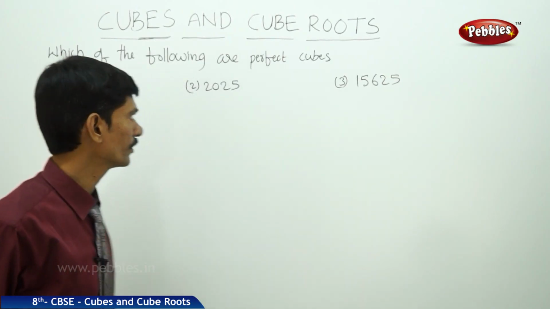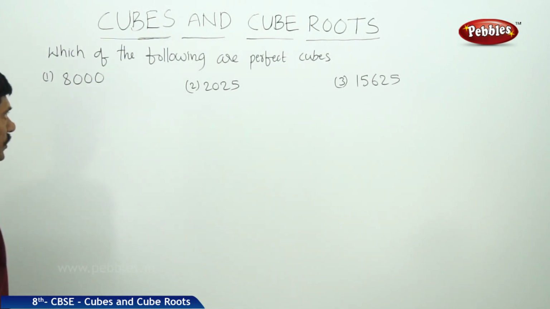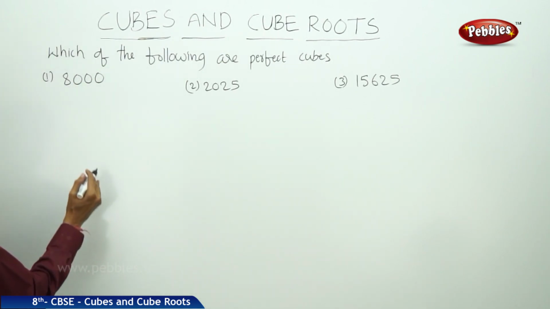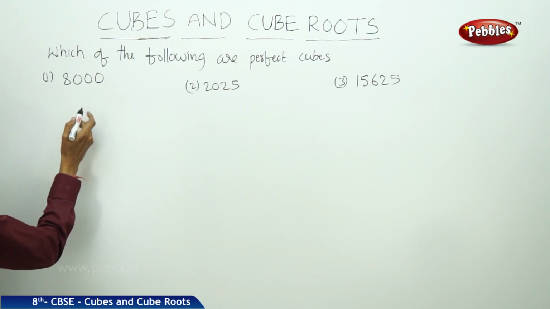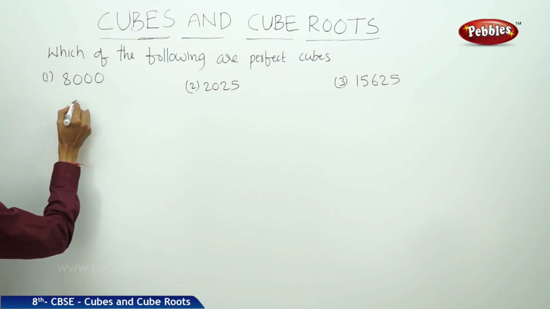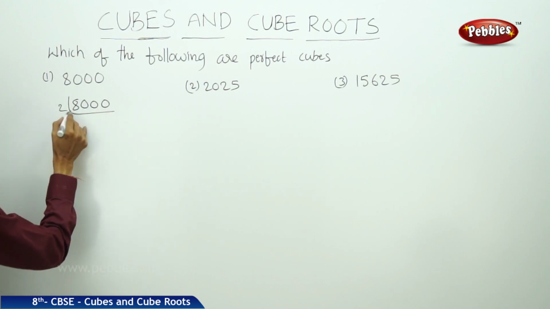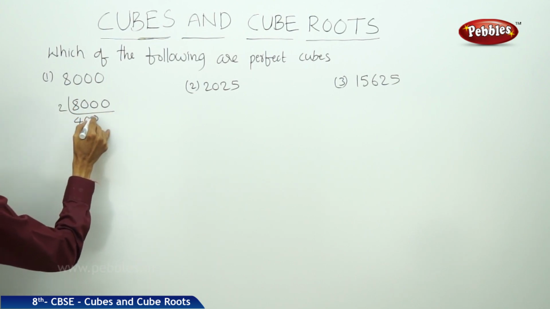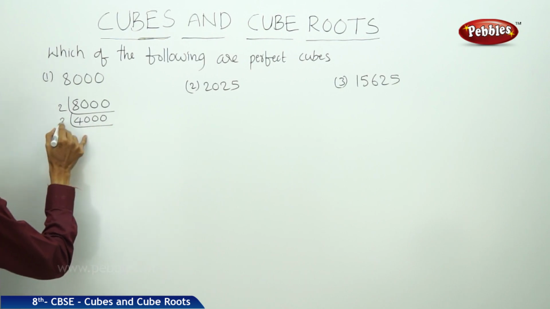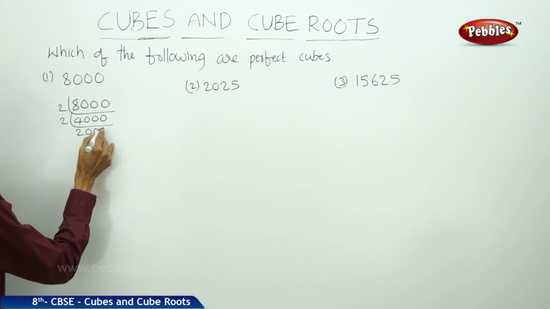Now let us solve a problem. Which of the following numbers are perfect cubes? The first question is 8000. First we will factorize 8000. 2 4s are 8, then 0 0 0 the same. Next 2 2s are 4, 0 0 0.